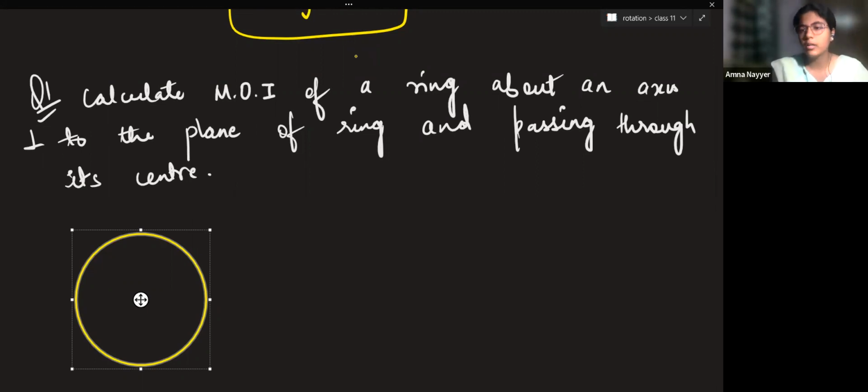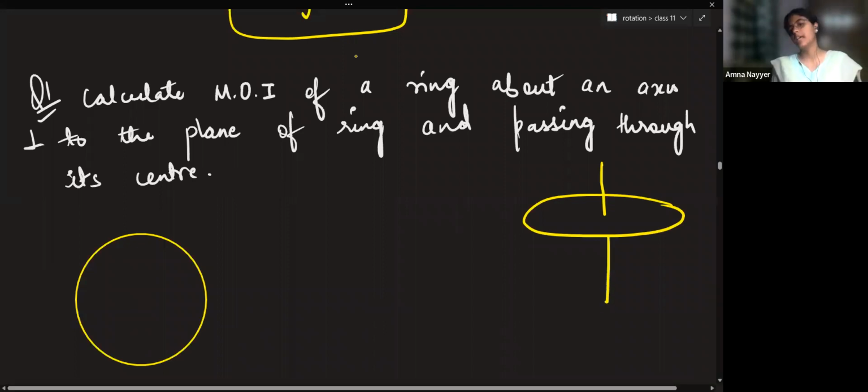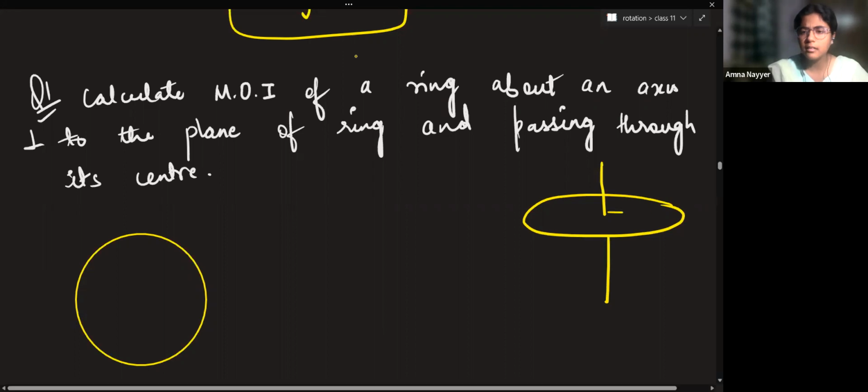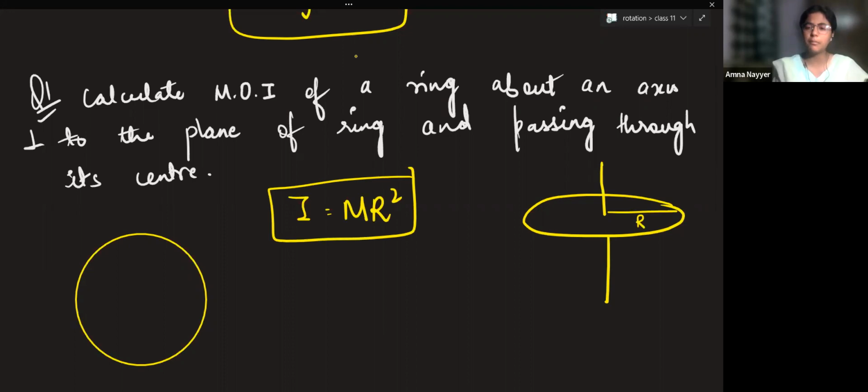If I draw it in a better way, passing through its center, this is the axis of rotation. So let's assume that the radius of this is r. So the inertia for this circular ring will simply become mr square.